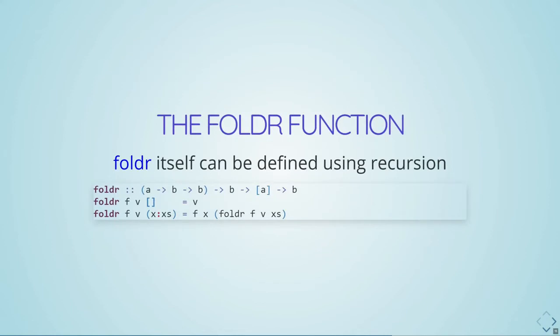Now, it's a little useful to look at the definition of foldr itself. So foldr is a function that takes another function as an argument. We're giving it this f, which is always a binary function. So it takes a function that takes an a value and a b value and returns a b value. Then it takes the identity value v for this function, that'll be the b here, and then it takes a list of a.